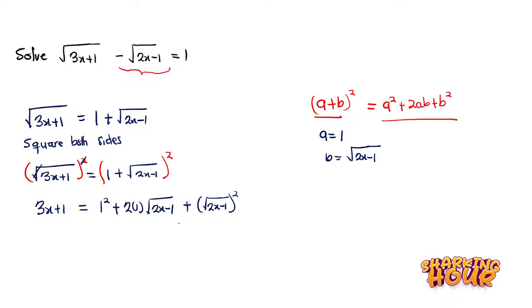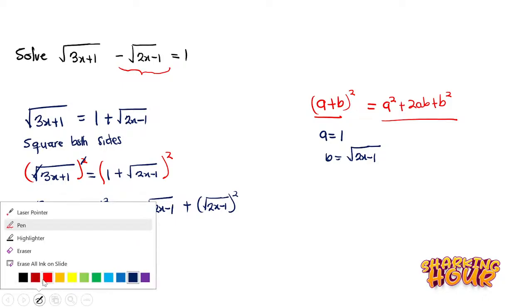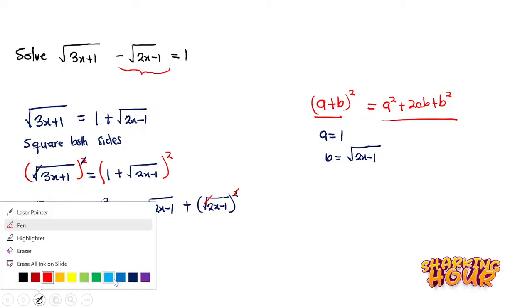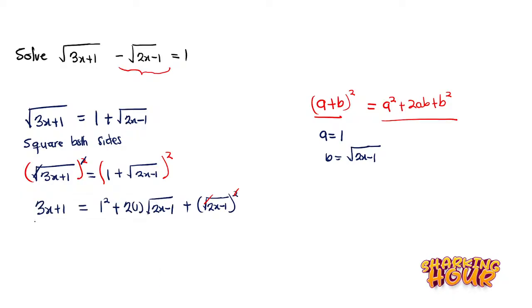Very good. Now from here, all I have to do is to simplify the right hand side a little bit. Are we okay? Before we do that, we can cancel some things out. We realize that the square over here will take care of the root sign over here, and that is very, very important. So now we can proceed. I still maintain my left hand side, which is 3x plus 1.